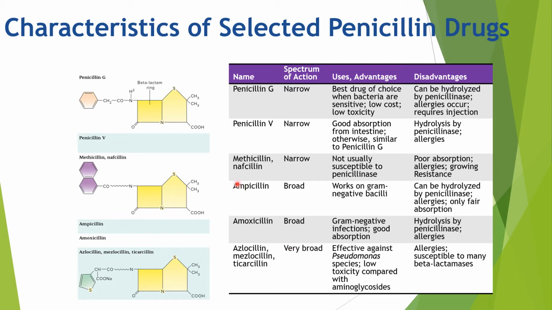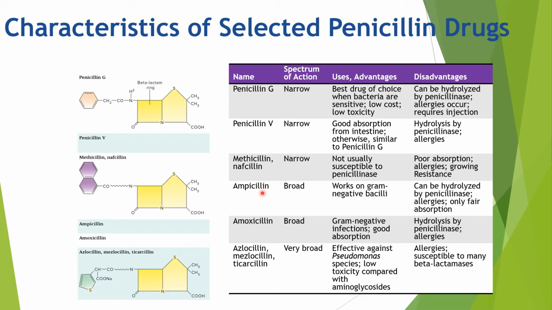So for example, ampicillin is going to be a bit more of a broad spectrum antibiotic. Before I say what it does, it's a semi-synthetic drug. Semi-synthetic because they took the natural penicillin and tweaked it in the lab. The reason why they did that is, as we know, penicillin targets mostly gram-positive bacteria.